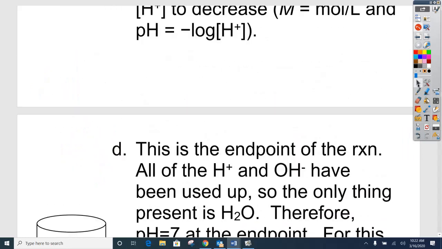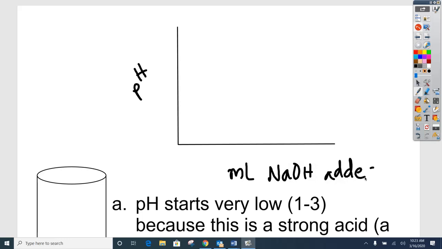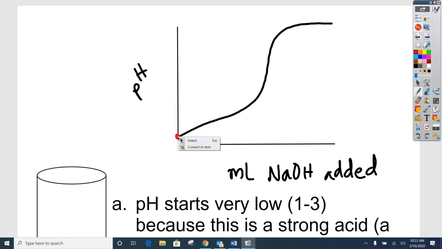If I go back up to this graph, and you look at the graph, let's go through and label. This right here represents before we've added any milliliters of sodium hydroxide. So this represents A in your notes.